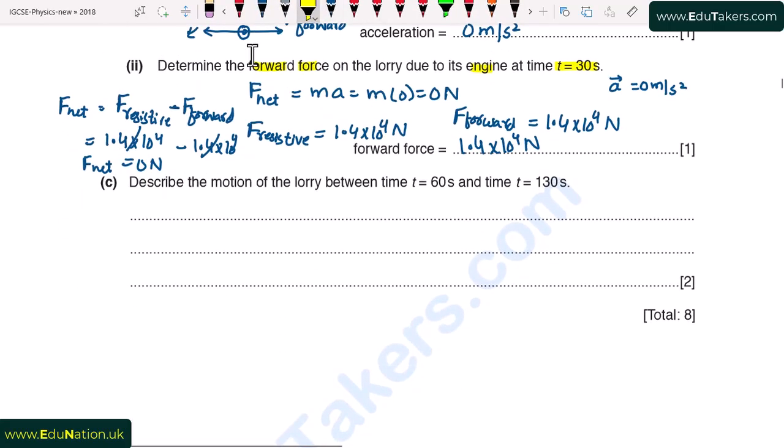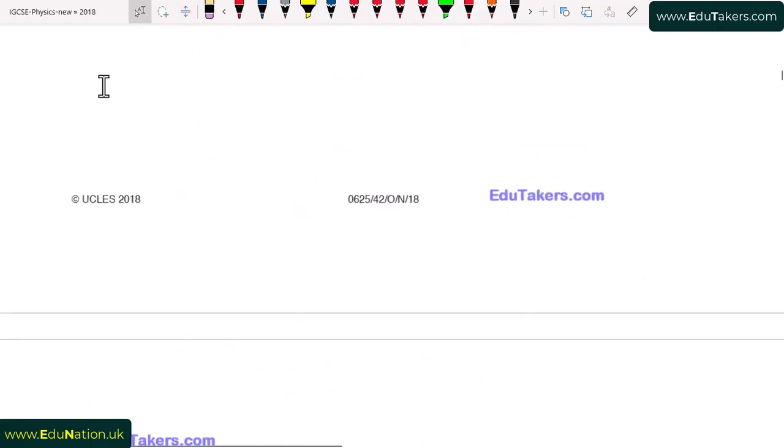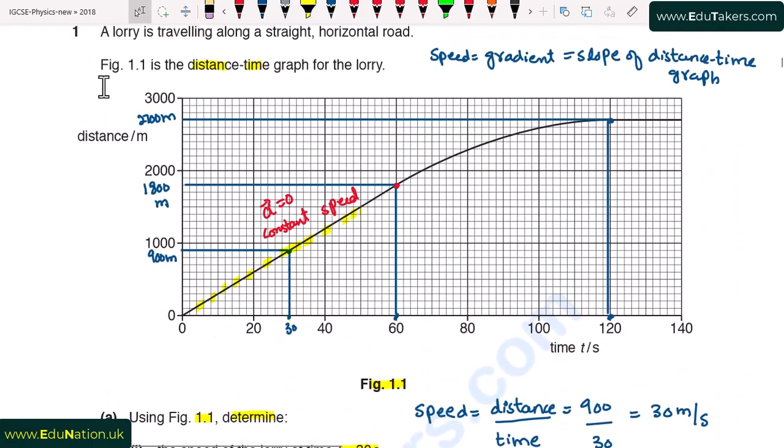Describe the motion of the lorry between t is equal to 60 seconds and t is equal to 130 seconds. So going back to the figure, 60 seconds is at this point and 130 seconds will be at this point. So here we can see that first of all it is just like this curve, and after 120 seconds it is a straight line up to 140 seconds, but we have to discuss only at 130.